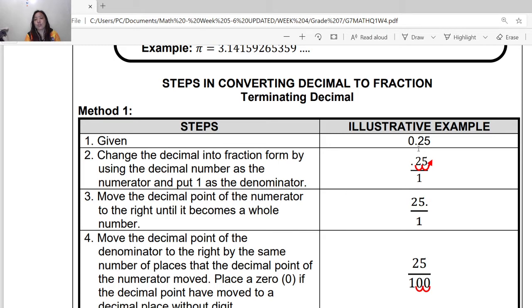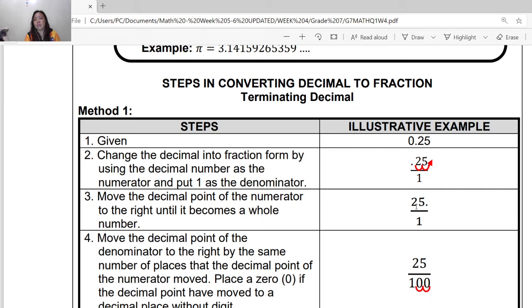So the decimal number, that is 0.25, as the numerator and 1 as the denominator. Step 2, move the decimal point of the numerator to the right until it becomes a whole number. So move this decimal point after the number. How many times are you going to move? 1, 2. So that will become 25, then point.